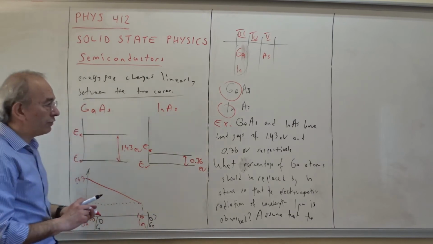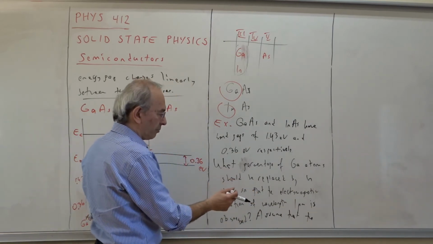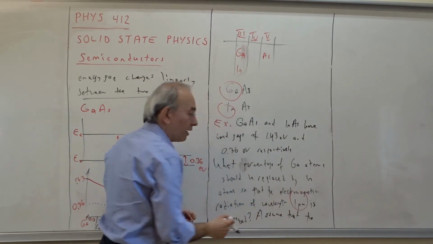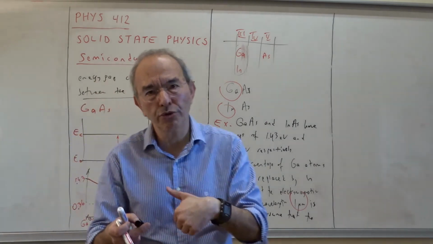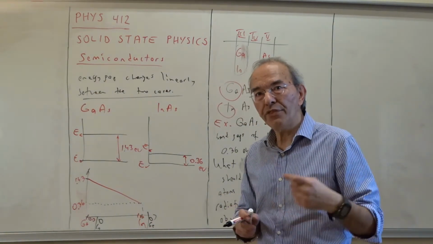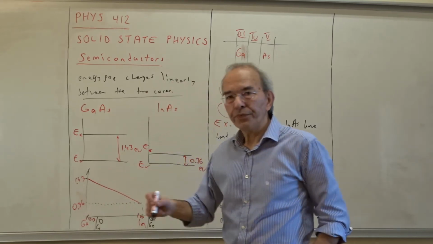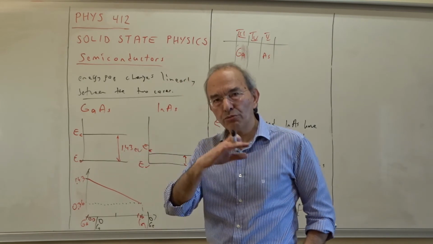And first of all, we should find the energy corresponding to this number. 1 micrometer, yes. Wavelength 1 micrometer. If wavelength is 1 micrometer, what is the energy corresponding to that? And then we will find that energy along this scale, and by just interpolation, we can find the percentage of gallium to indium.